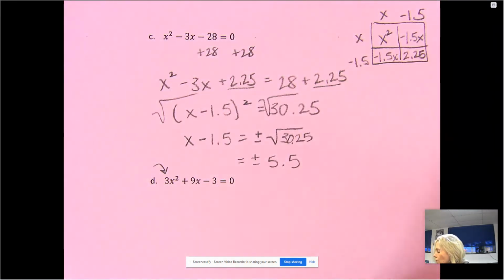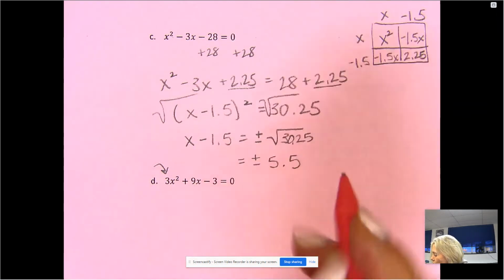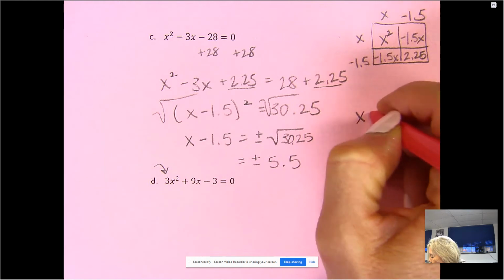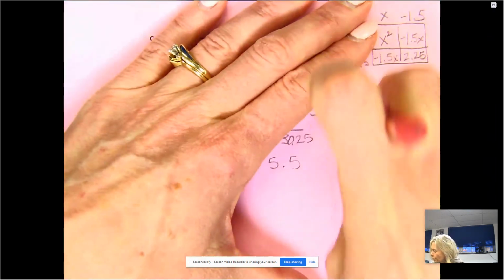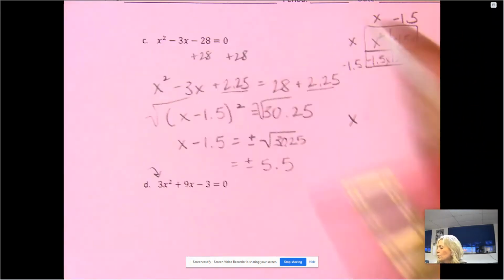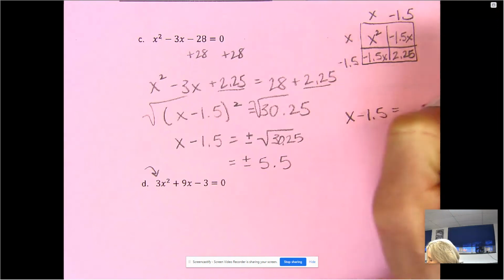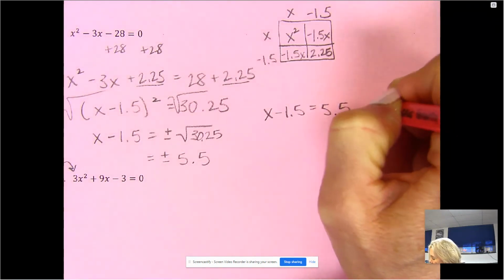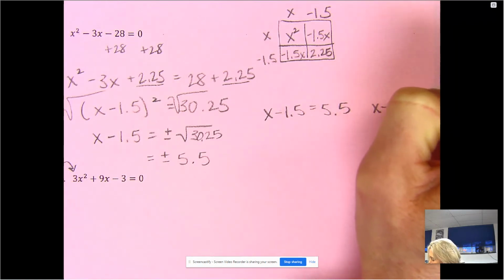Okay? So last step is to add the 1.5 over. So I'm going to say x equals, I'll set up two equations. X minus 1.5 equals 5.5, and x minus 1.5 equals negative 5.5.